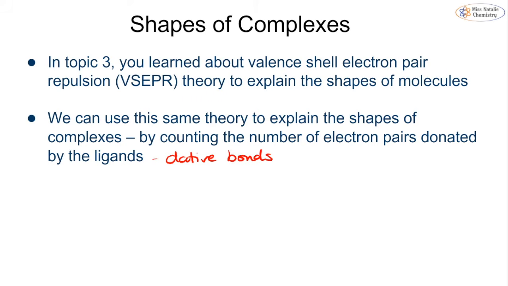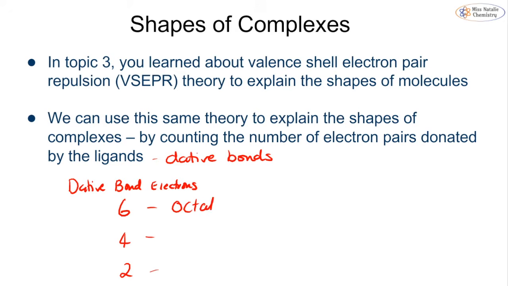So this is just a slight difference. We've got our dative bond electrons, and that's going to be the same as our number of ligands, and we can have 6, 4 and 2 are typically the ones that we've got.